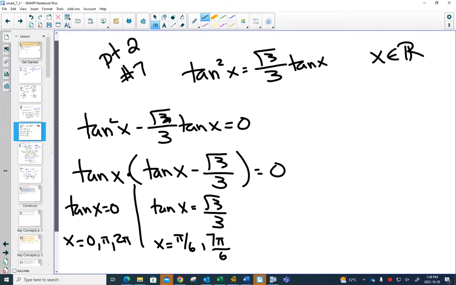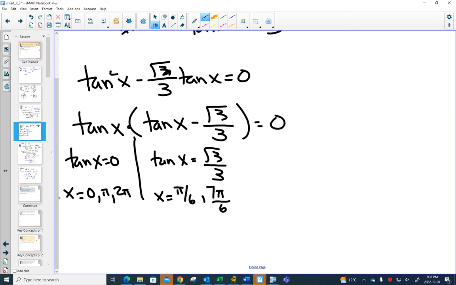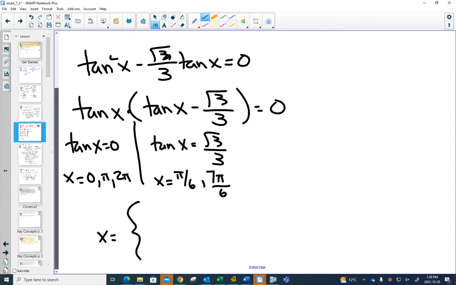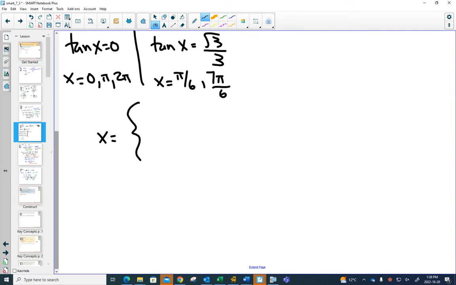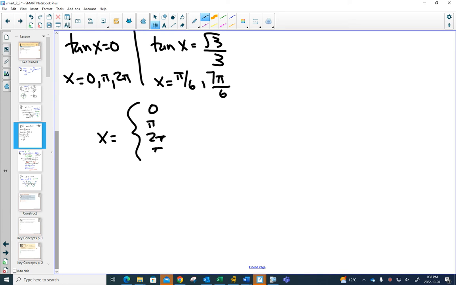Now to write your general solution, you could take all 5 of those and write 2 plus 2k pi. I will not deduct any marks for you writing more than you need to. But I'm going to do it this way just so you can see it. Does it take very long to write them all?